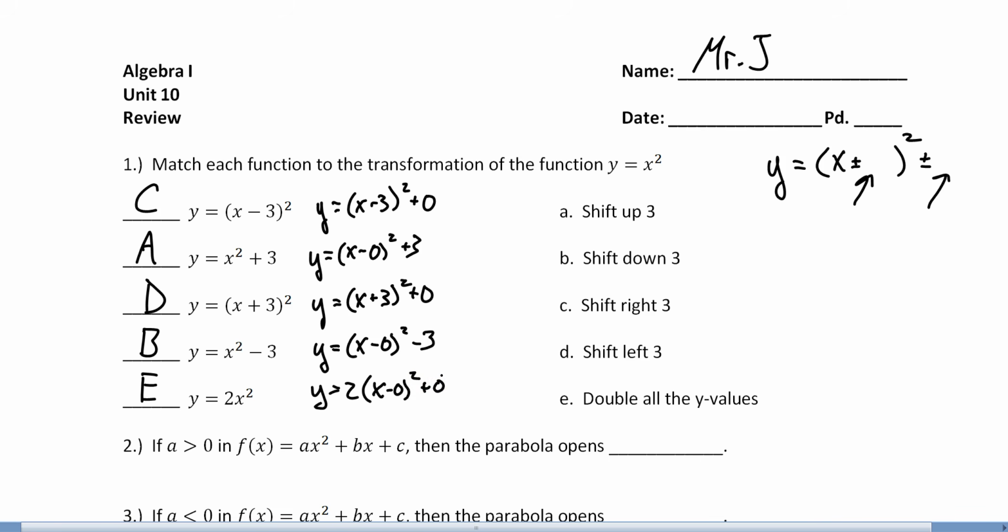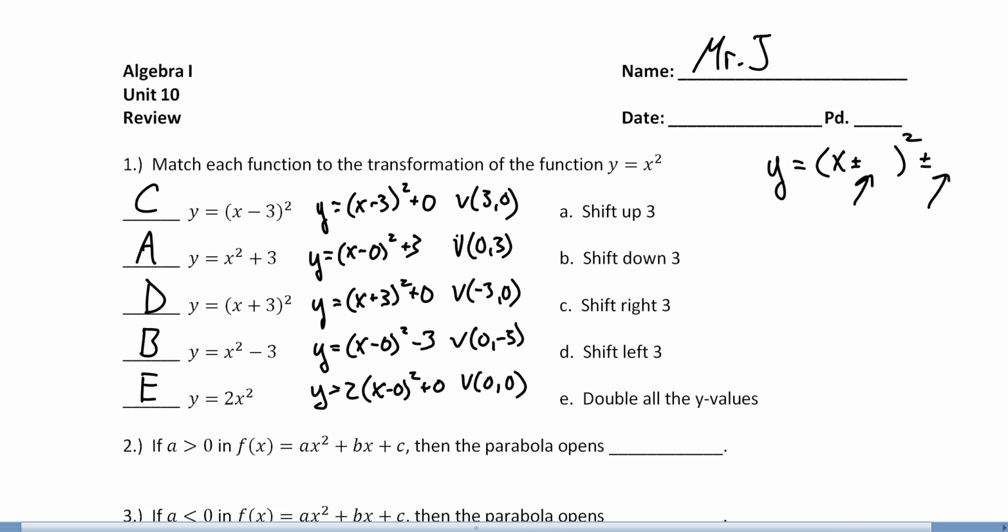And when you write them that way, just think about the vertex. The vertex is 3, 0. Here the vertex is 0, 3. Here the vertex is negative 3, 0. Here the vertex is 0, negative 3. And here the vertex is 0, 0.